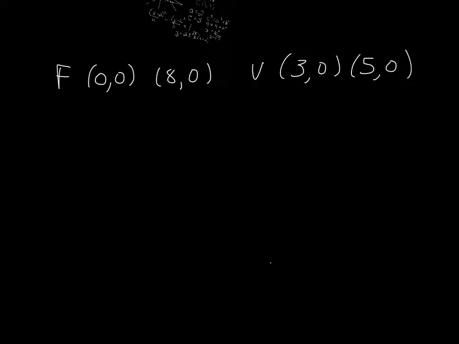So let's see what we're looking at. (0, 0), 1, 2, 3, 4, 5, 6, 7, 8, (8, 0). And the vertices are (3, 0) and (5, 0). Okay, so there's my vertices, my foci are graphed.